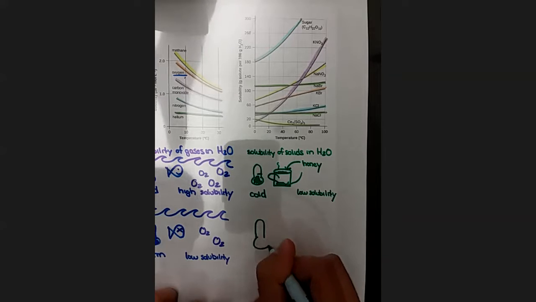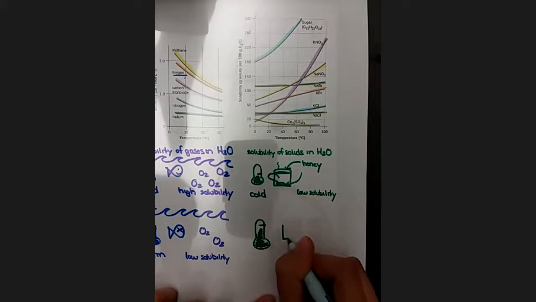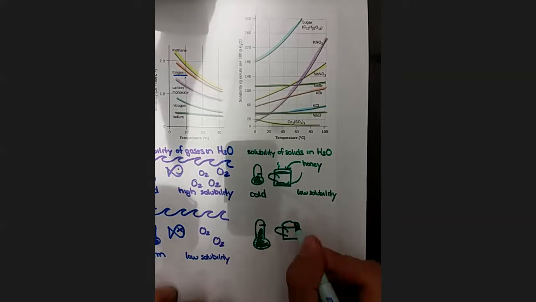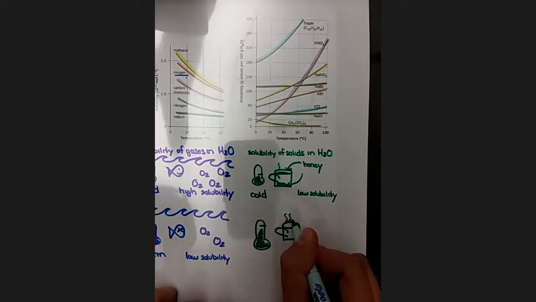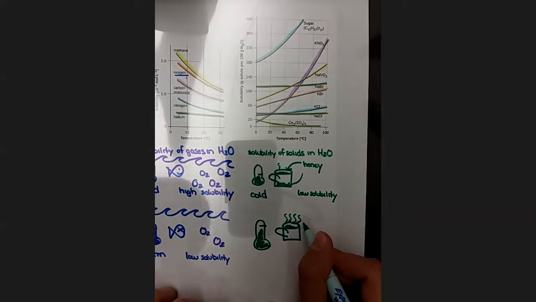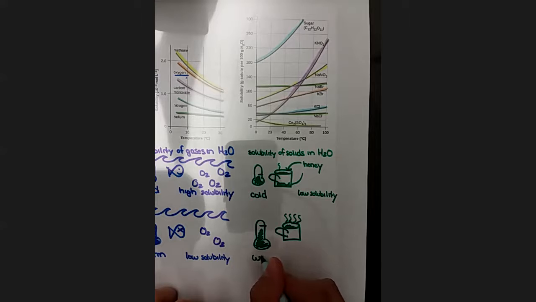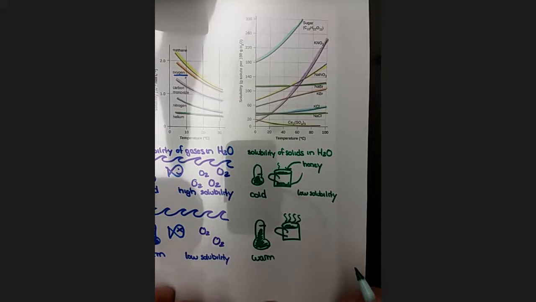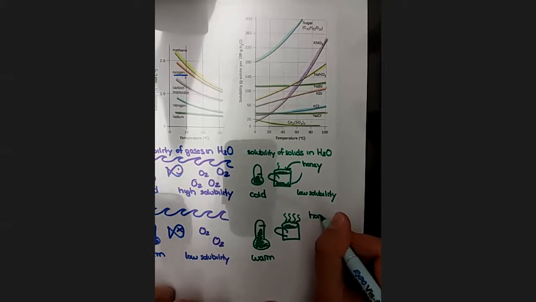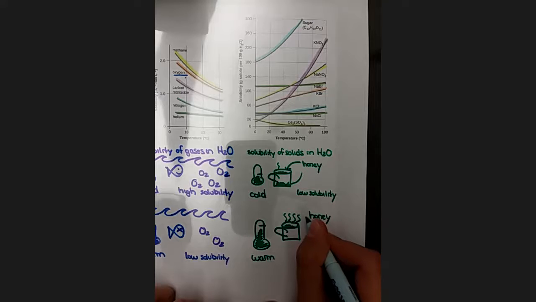Luckily, we know what to do. We know how to get that honey dissolved in the tea so that it tastes less yucky and Rachel is willing to drink it. All we have to do is heat it up. Heat up the tea. Notice there are 4 steams. That's hot. So if we have a warm temperature, you're going to be able to just absolutely dump honey into that.